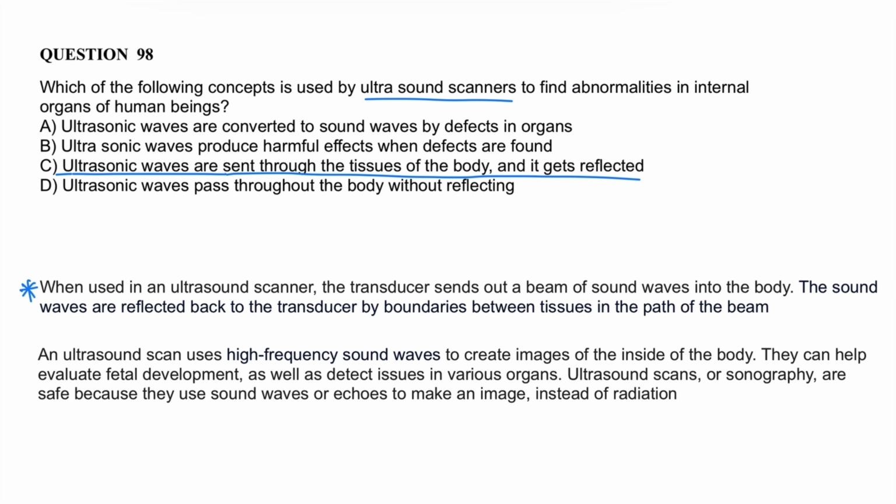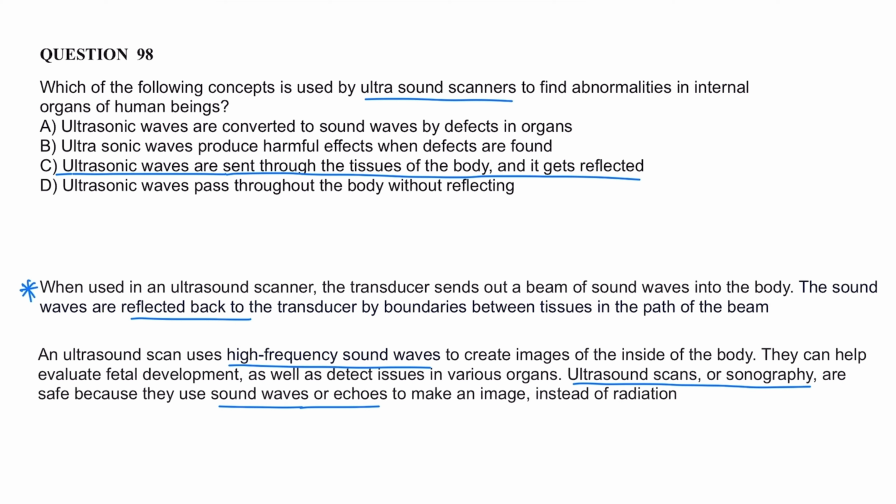These sound waves are reflected back to the transducer by the boundaries between the tissues in the path of the beam. An ultrasound scan uses high frequency sound waves to create images of the inside of the body. They can help to evaluate fetal development as well as to detect abnormalities in various organs. Ultrasound scans are safe because they use sound waves or echoes to make an image instead of radiation.